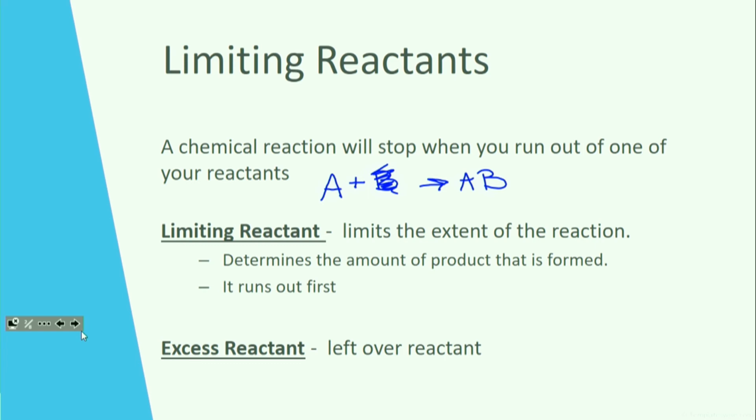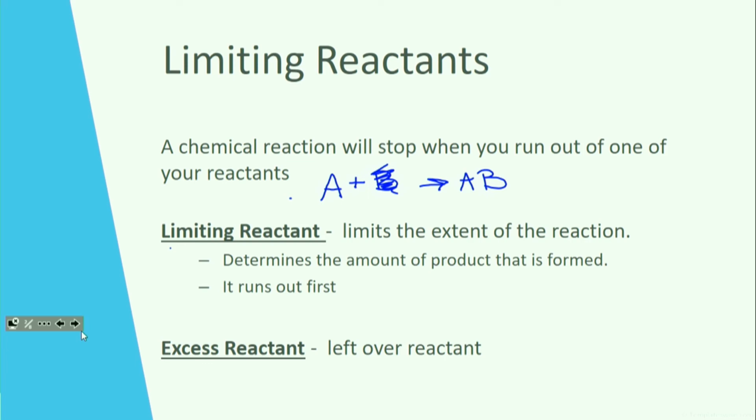That reactant that you run out of is called the limiting reactant, and it determines how much product you get, because once you run out of it, the reaction stops and you have no more product. The one that you have left over, which in this case is A, that's called the excess reactant. Excess means you have a lot of it. It's what you have left over.